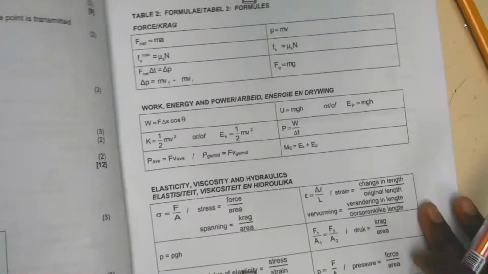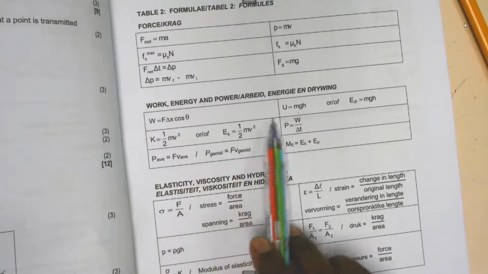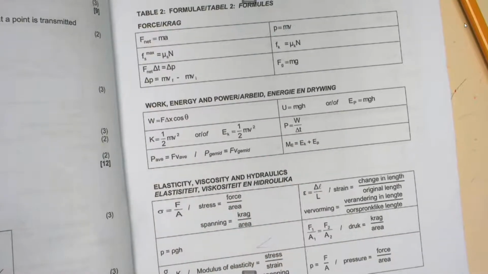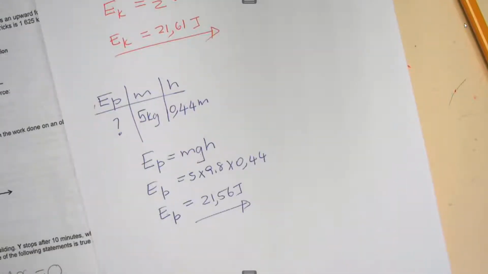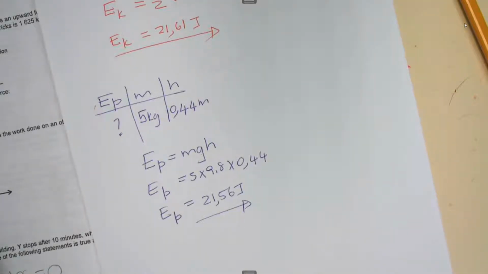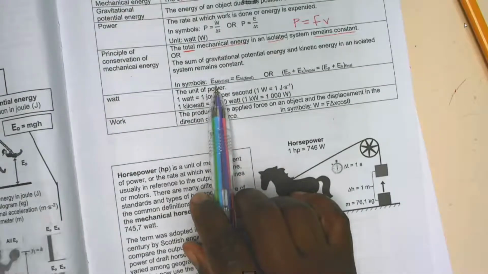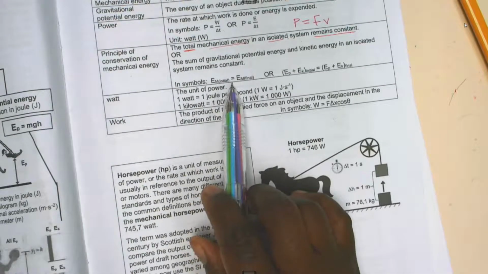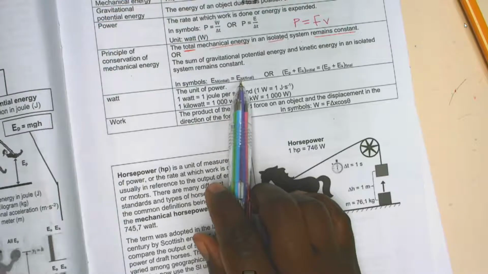You can see it's not here, it's not here, it's not here. That means you must remember it. But what does it say? It says the mechanical energy, EM initial, is equal to EM final.